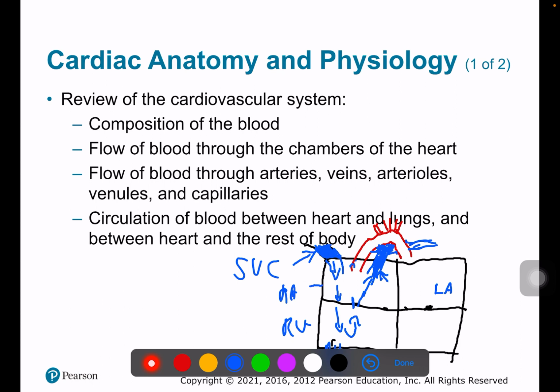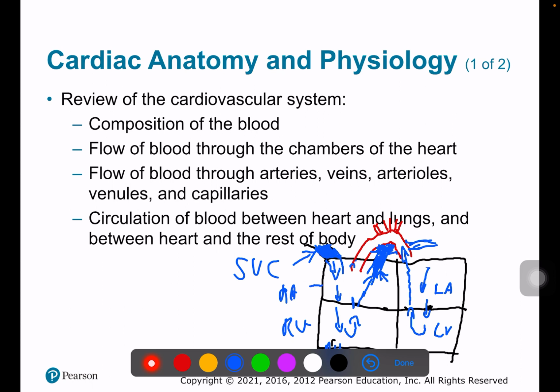So then the oxygenated blood comes into the left atrium, flows in, goes through the bicuspid valve right here, into the left ventricle, which is right here. And then from there, that oxygenated blood goes through the mitral valve and is pumped through the aorta, the aortic valve, to the body.